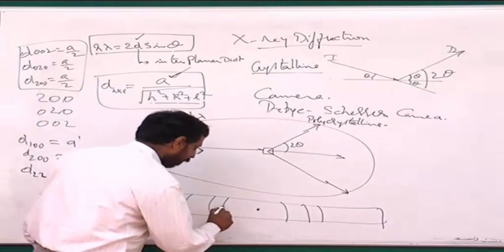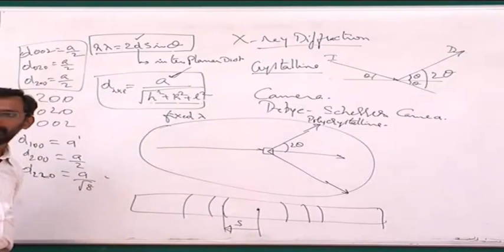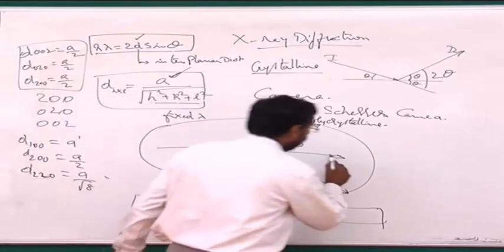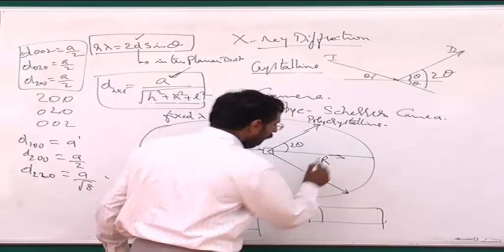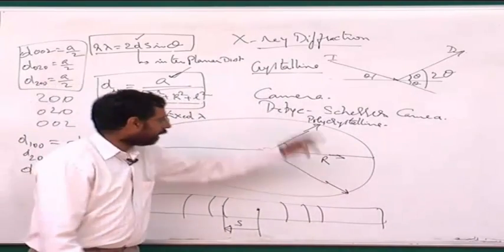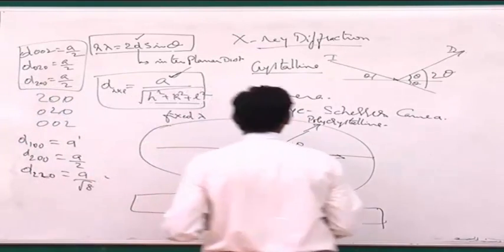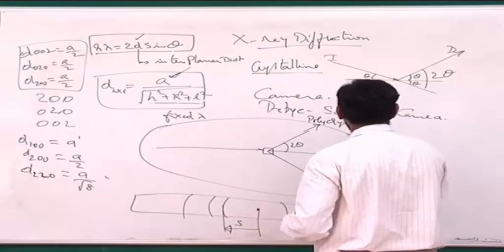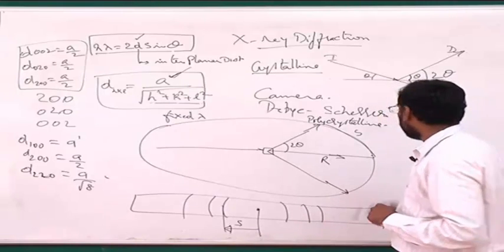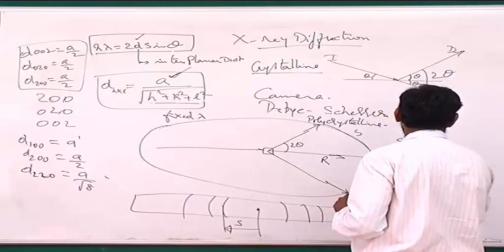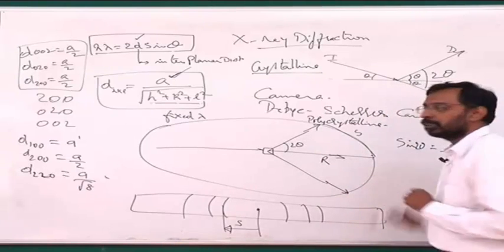Now this distance, if I measure, is called S. And if this is R, which is the radius of that particular circle, and this is 2 theta, then sine of 2 theta is S by R.